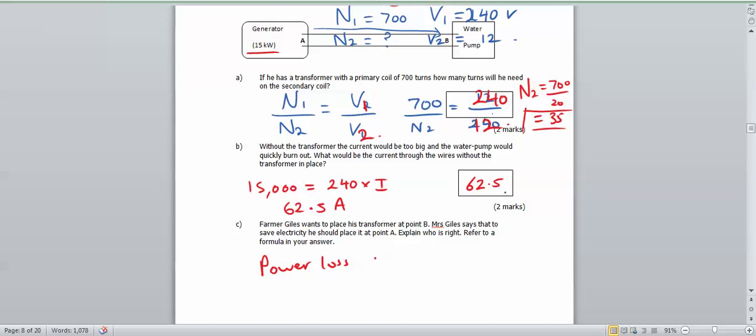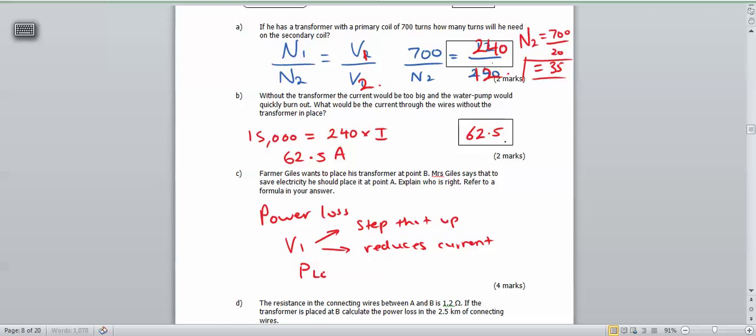So what he needs to do is he needs to actually step, he has the voltage down here, B1, he needs to step that up, which then reduces the current, and then since the power loss is equal to I squared R, this severely reduces the loss of power in the line.